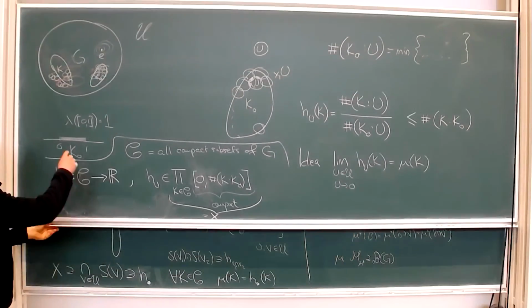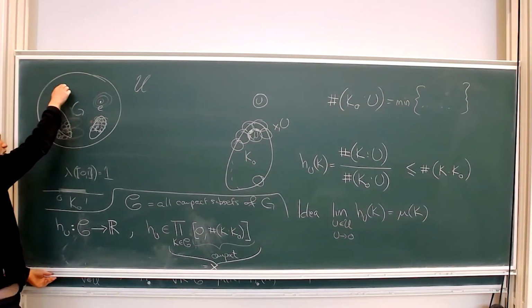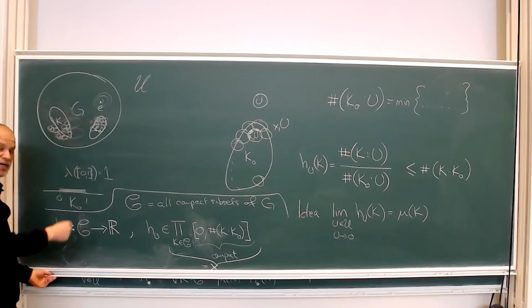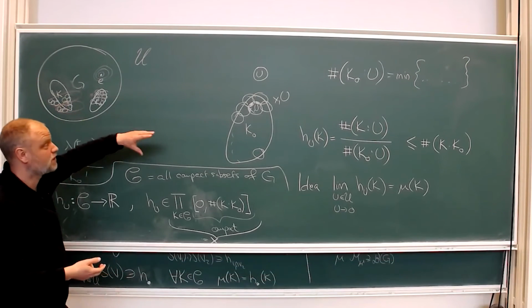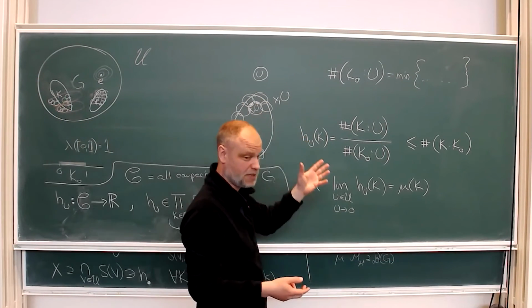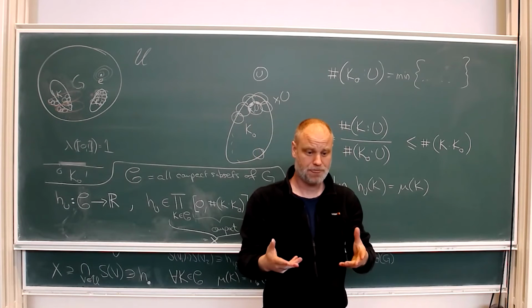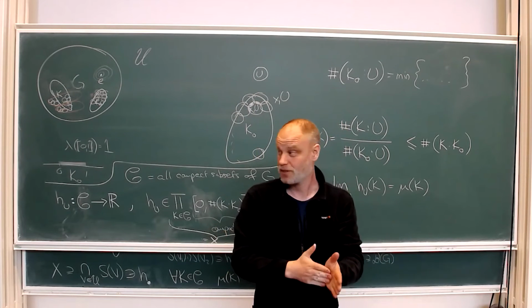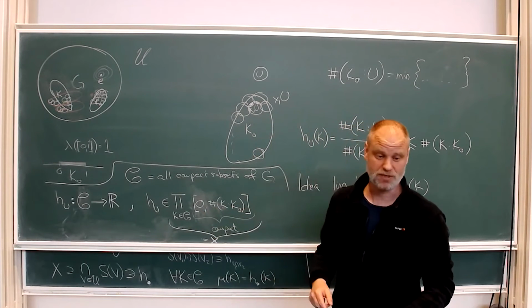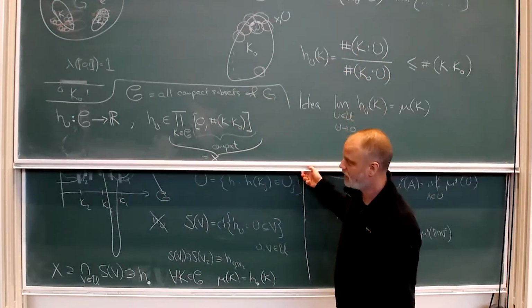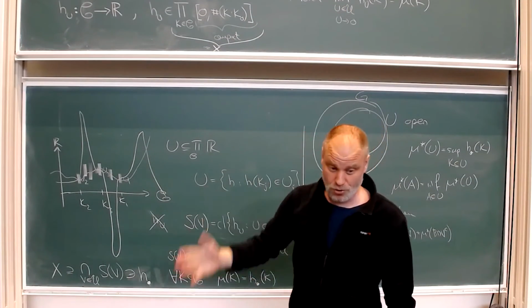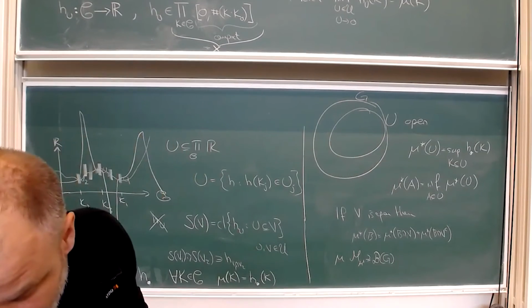If I have this K here and I move it by a translation, then the covering, I just move it by a translation as well. So the way of counting balls that we set up in the beginning doesn't see translations, and then the H_U function is not going to see translations, and of course at the end, this limit is not going to see translations. Beautiful, beautiful mathematics.